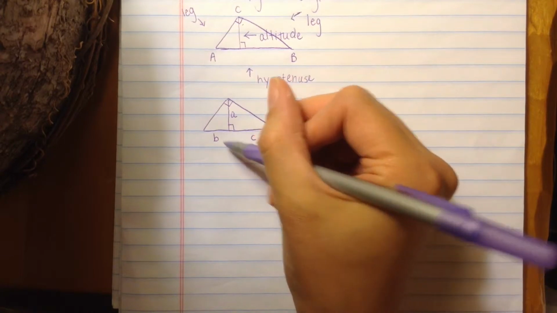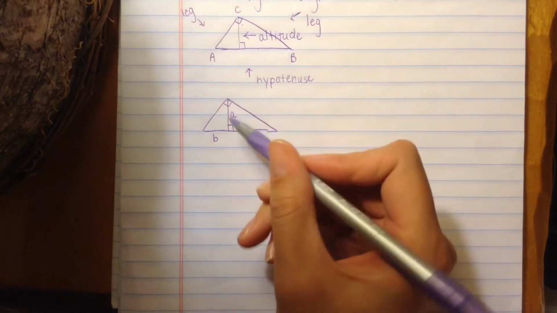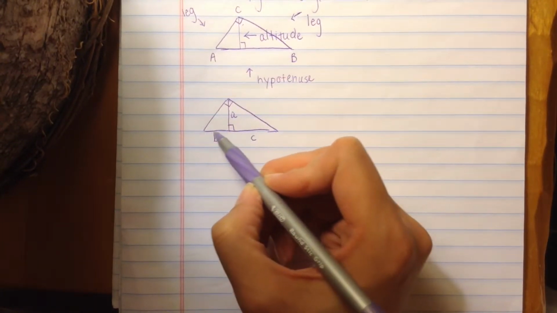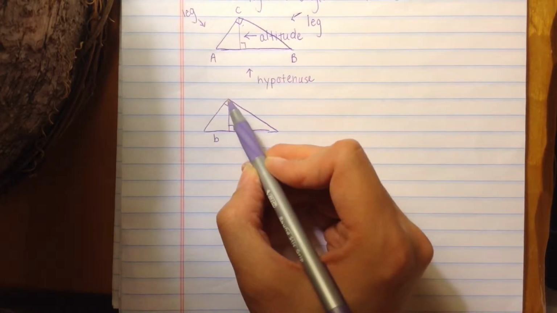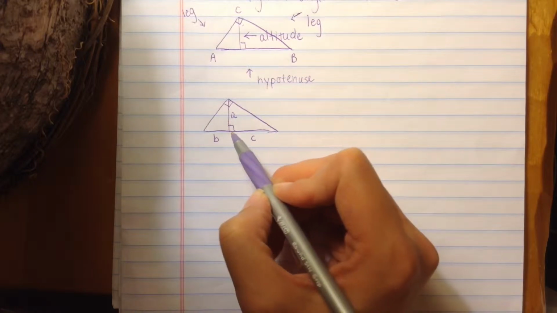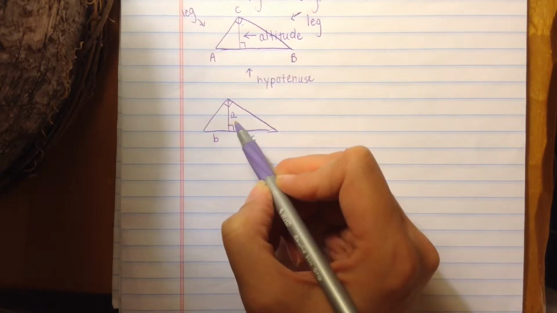Now please realize that in this small triangle, the short leg is B, the long leg is A. In this triangle, the short leg is A, the long leg is C, and so they match up.